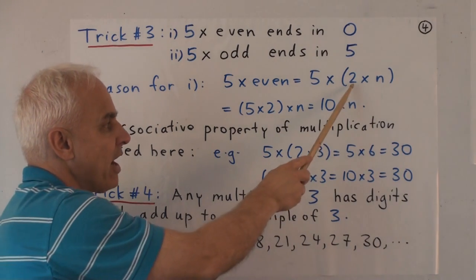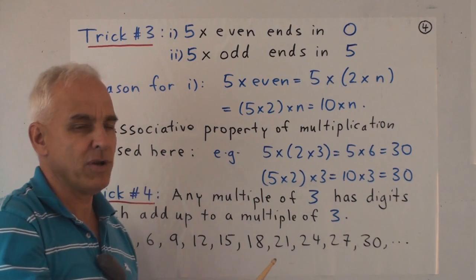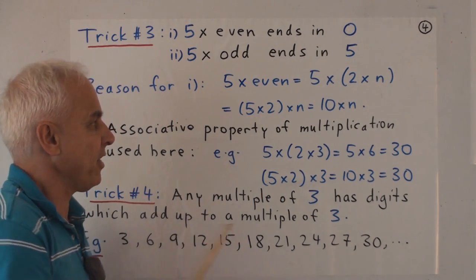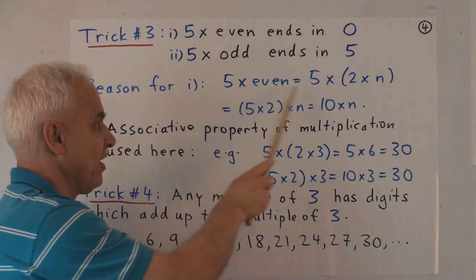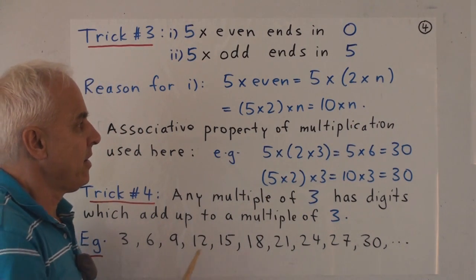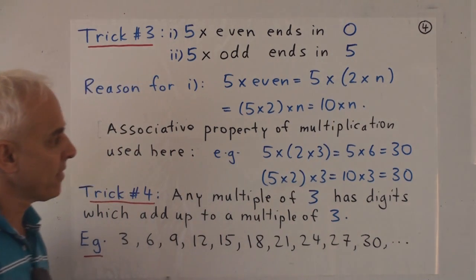So it's 2 times something. The something we don't know, let's call the something n, just to represent that unknown thing. So we're talking about an even number which is 2 times n. So we multiply by 5, we're getting 5 times 2 times n.